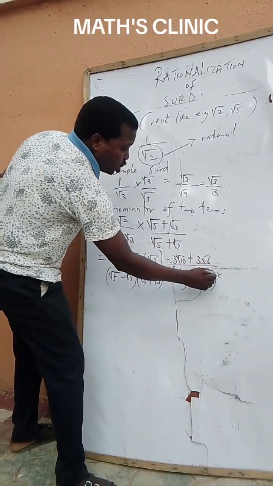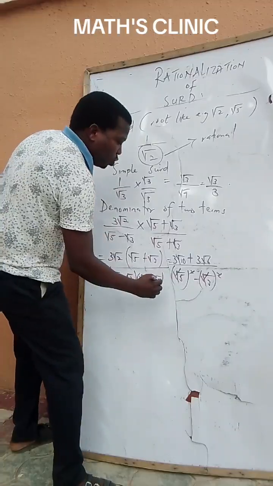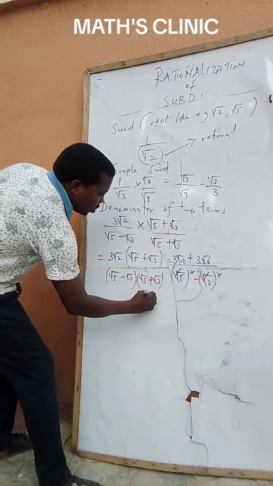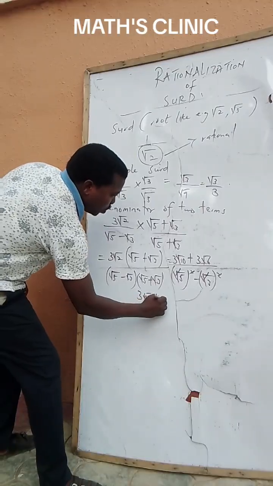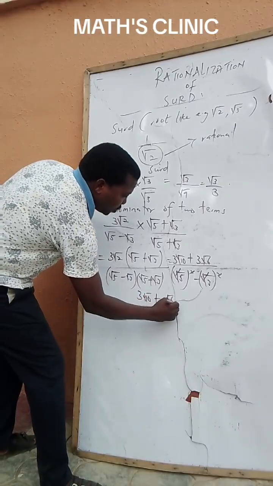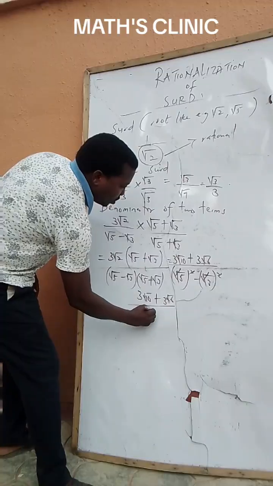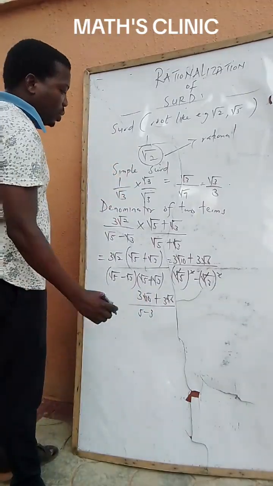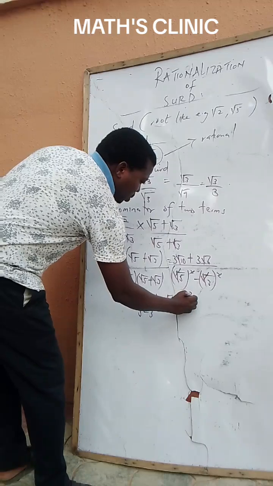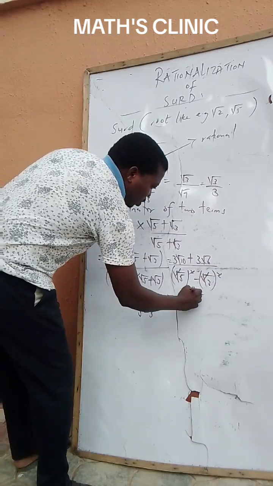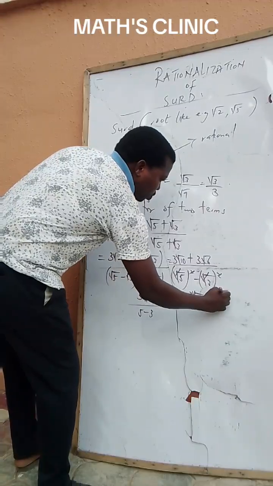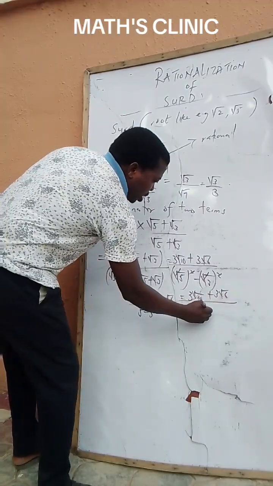This square root cancels this square root. So I'm going to have 3 root 10 plus 3 root 6 all over. When we subtract this, we have 5 minus 3, and that will give us 3 root 10 plus 3 root 6 all over 2.